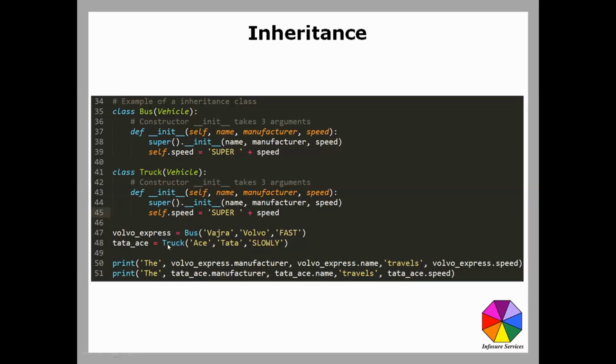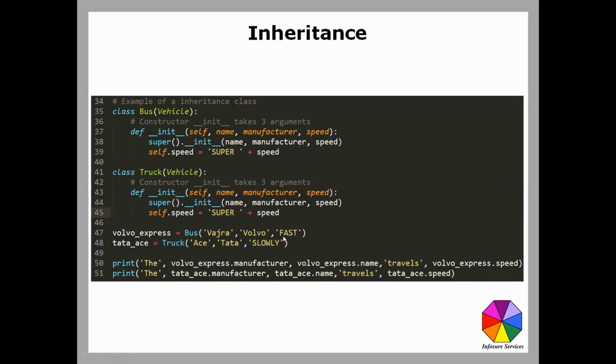So that's why you are doing a subclass or a child class. Data is an object of the child class initialized like this. Everything is the same when I go about printing a Volvo Express. So the Volvo Vajra travels, it comes to where it encounters Volvo Express dot speed. What happens?